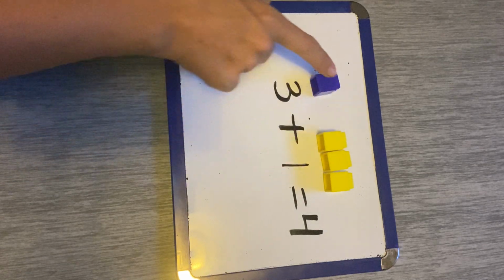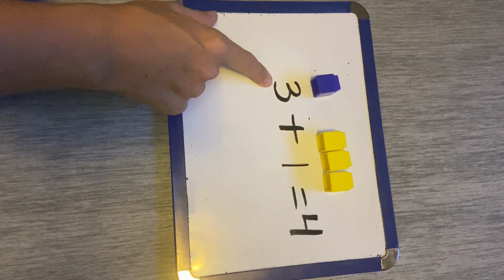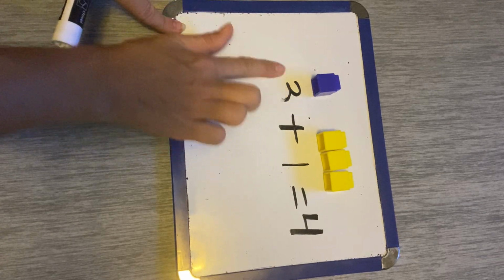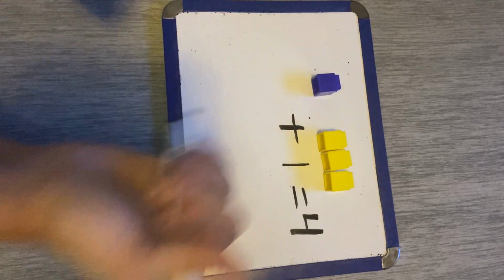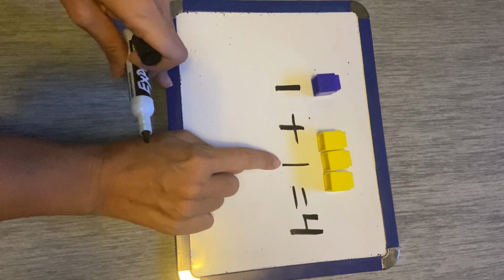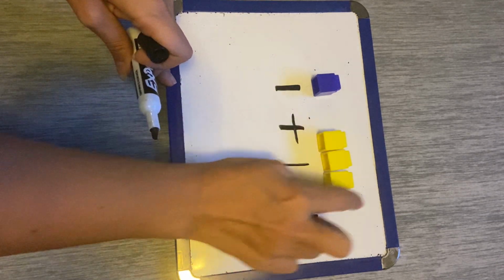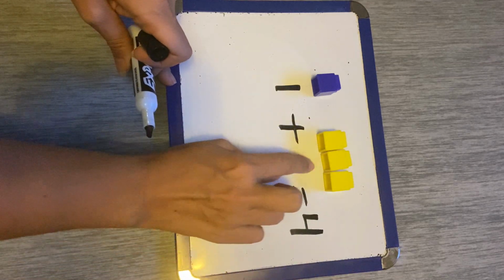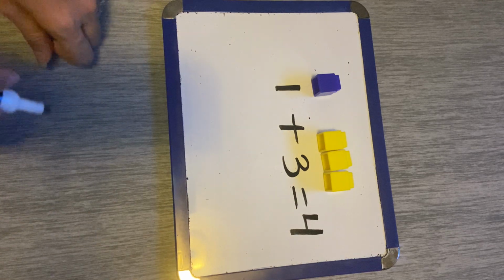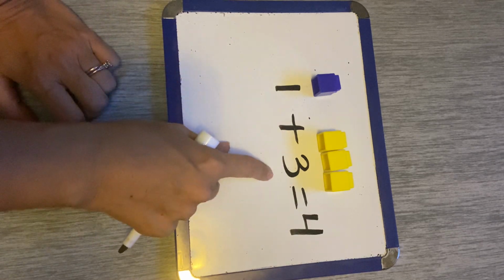So here, it's not a 3. Instead of 3 plus 1, how many do we have here now? Yes, 1. So I'm going to write a number 1. Okay? And I don't have the 1 here anymore. Now, how many are in this set? 3. Good. So 1 plus 3.